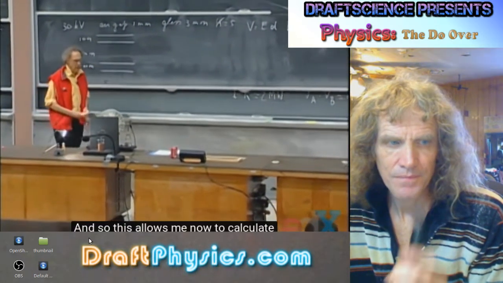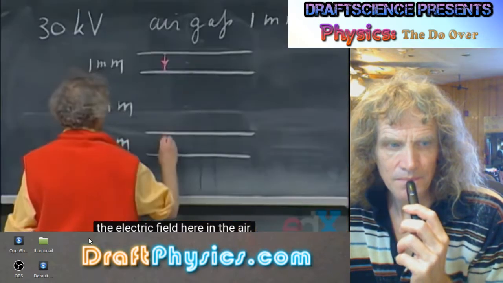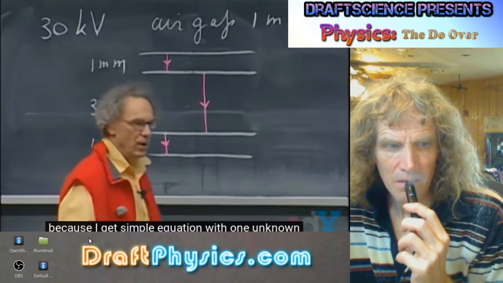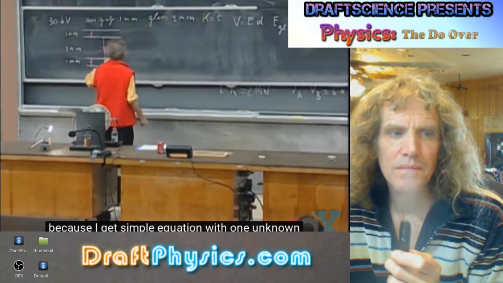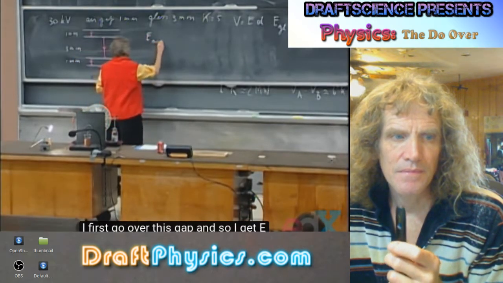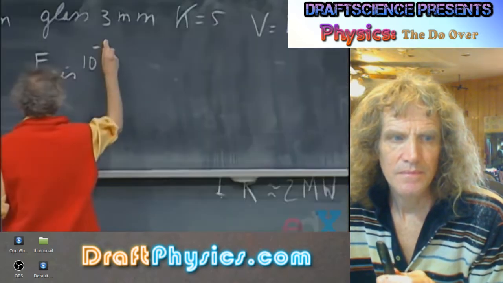And so this allows me now to calculate in a very straightforward way the electric field here in the air, the electric field here in the air, and the electric field in the glass, because I get a simple equation with one unknown. And that's the following. I first go over this gap, and so I get E in the air times that distance, D, which is 1 millimeter.